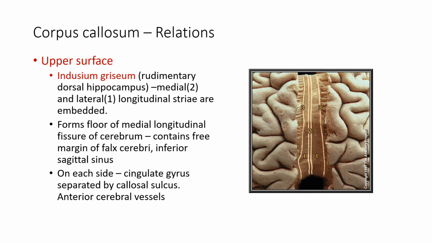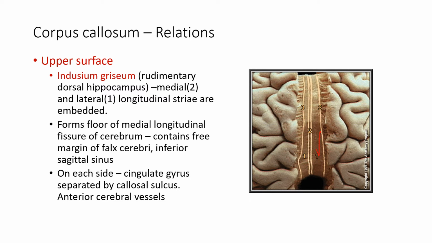Now let us see the relations of the corpus callosum. It has an upper surface. The upper surface is covered by a thin sheet of grey matter known as the indusium griseum. This is the grey matter, indusium griseum, which is nothing but rudimentary dorsal hippocampus.